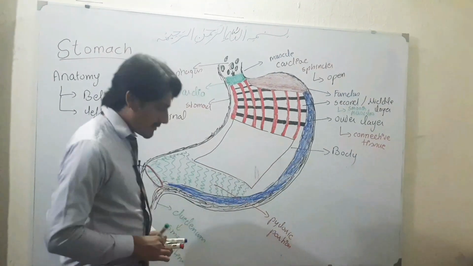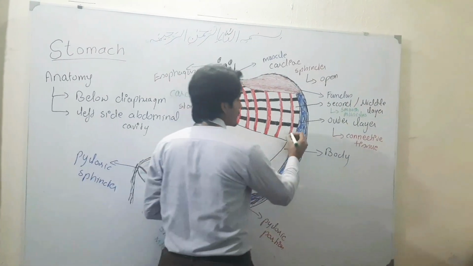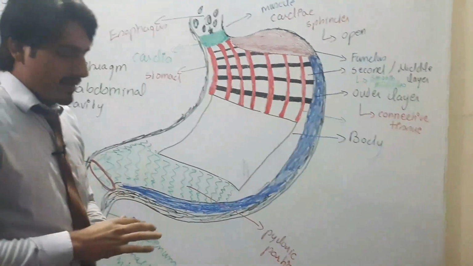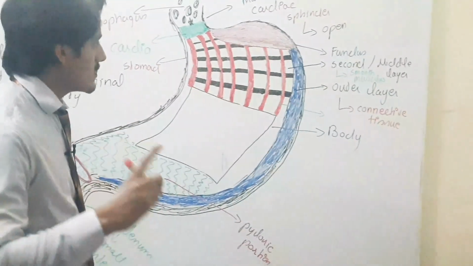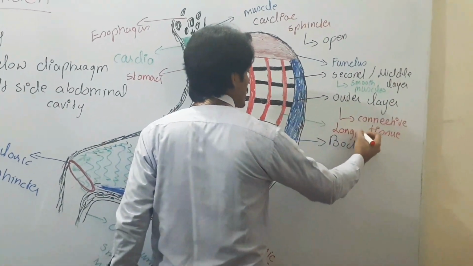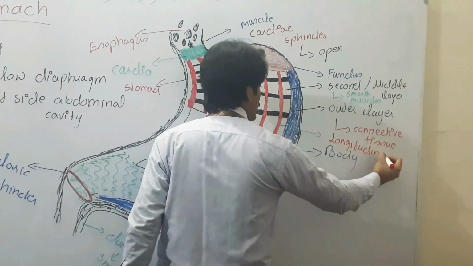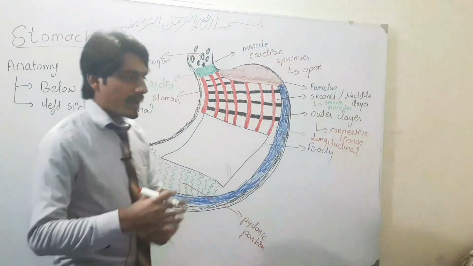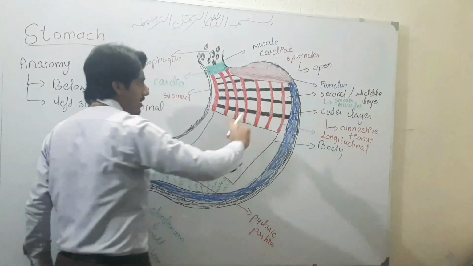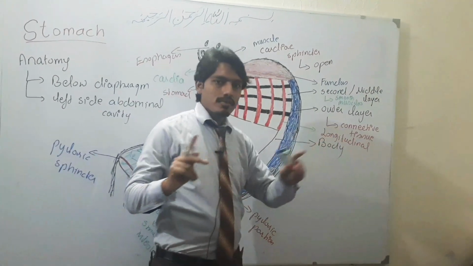Smooth muscles, the first one is the outer muscles. The outer muscles are in a longitudinal pattern. These run along the side of the stomach wall. Let's see this. This one is along the side of the stomach wall. These are longitudinal muscles.